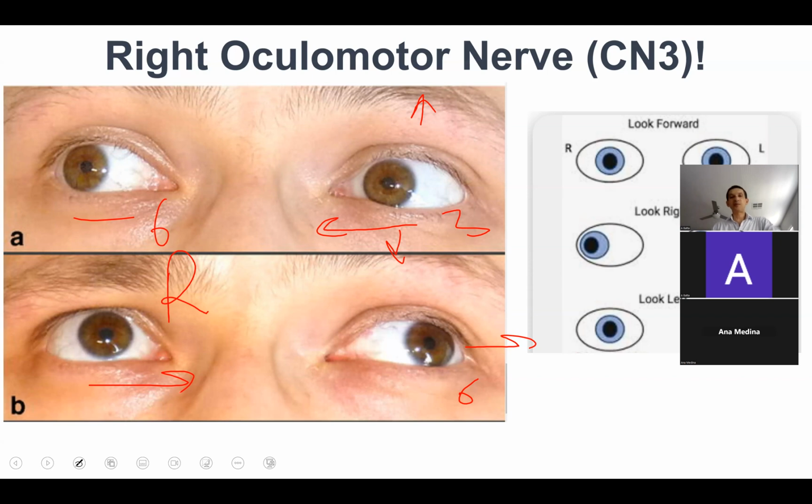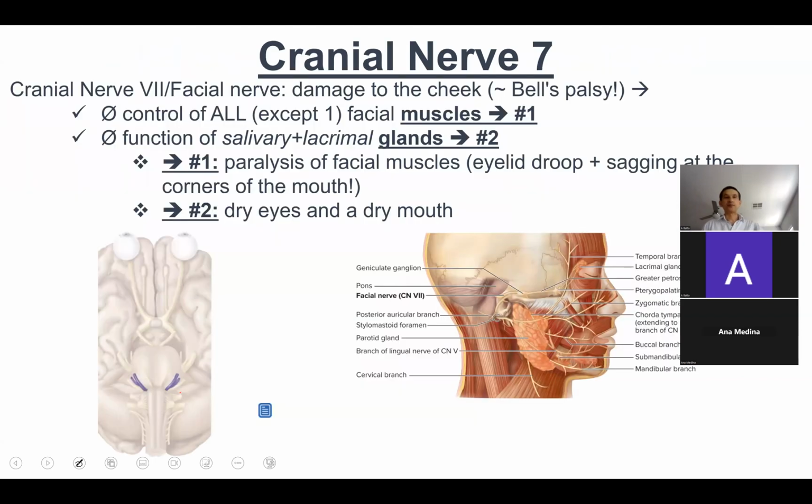For example, cranial nerve number 3 is not working well. Cranial nerve number 7 is damaged if someone gets a severe injury to the cheek, or, for example, an inflammatory condition due to a bacterium called Borrelia burgdorferi spread by a tick in the northeastern areas, and that would be your Bell's palsy.